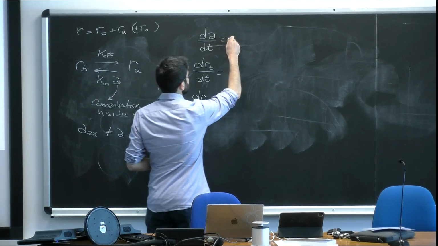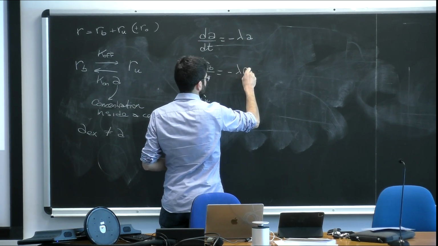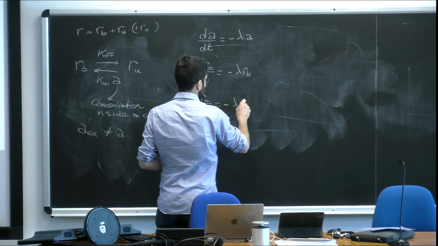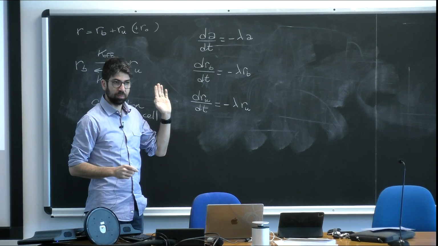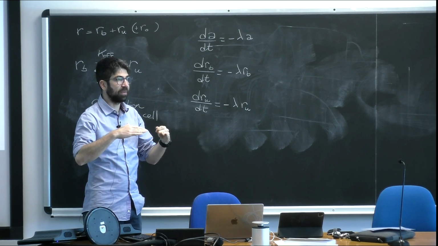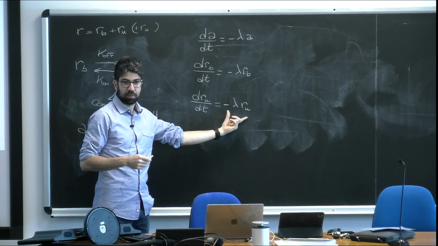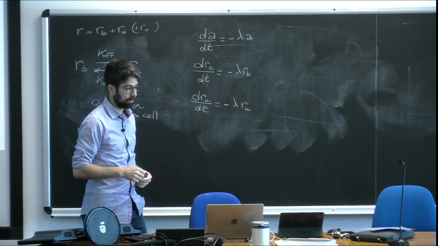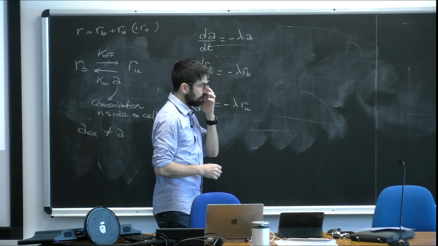So in all these terms, I have minus lambda A, minus lambda R_B, minus lambda R_U. We saw this term 2 days ago, when we studied concentrations. If the number is fixed and the volume is growing, the concentration decreases by this factor. So this term is always there, where lambda is the growth rate.